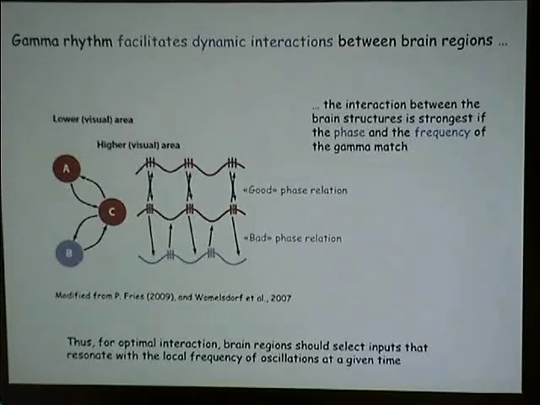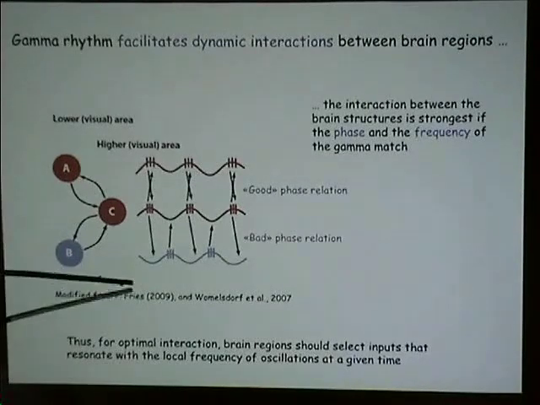So oscillations, as we have heard, take place across a wide variety of frequency ranges, but gamma oscillations may be particularly important for this, which I'll try to explain very briefly in this cartoon, which is from Wolf Singer and later was also reproduced by Pascal Fries in a review paper.